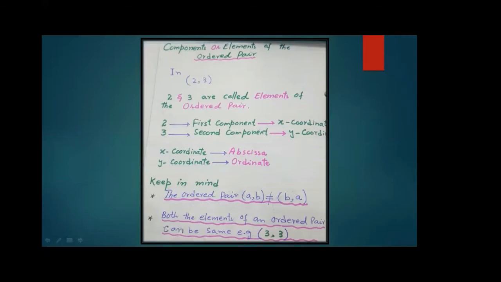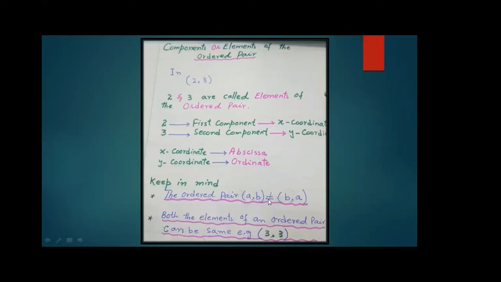Now what you have to keep in mind is that the ordered pair A, B is not equal to B, A, because this is X ordinate, this is Y ordinate. Here X ordinate is A, here X ordinate is B. Here Y ordinate is B, and here Y ordinate is A. So if two ordered pairs are written like this, A, B and B, A, they are not equal.